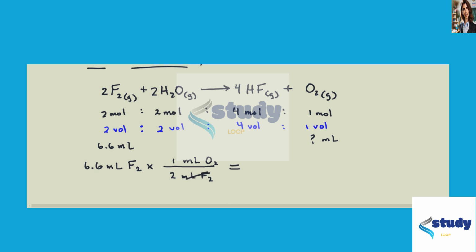All right, milliliters will cancel. 6.6 times 1 divided by 2 gives us 3.3 milliliters of the oxygen. That's how much oxygen we're going to produce. So that would be our final answer.